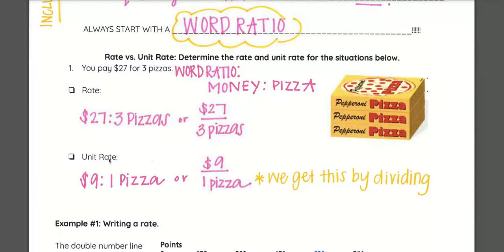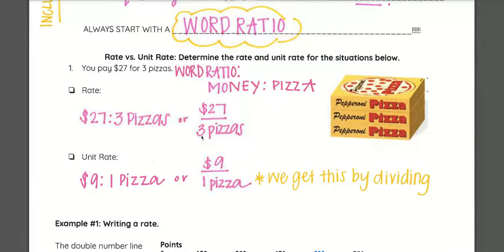My unit rate, again, gets a little bit more specific, and my denominator must be 1. So we need to find some equivalent ratios here. I go back up to my rate, and I know that to get a unit rate, I need to have 1 down here in my denominator. How do I get from 3 to 1?